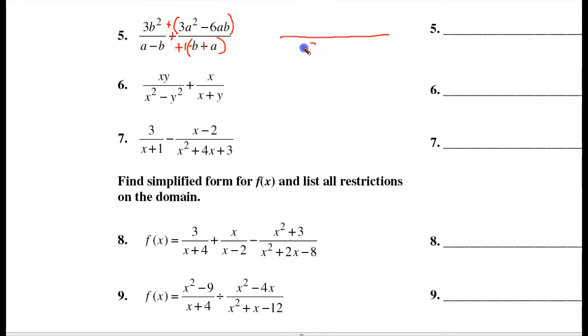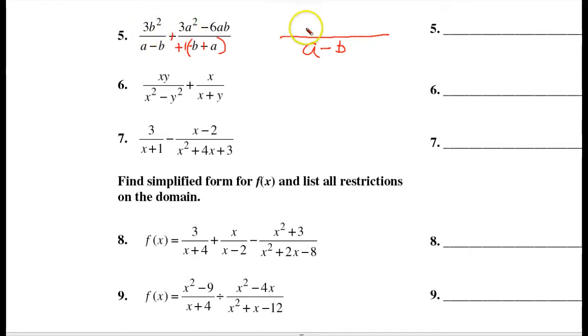We can set it up as A minus B. And all of these are positive, so we can just get rid of our parentheses now. It's all positive, and we just add our like terms.